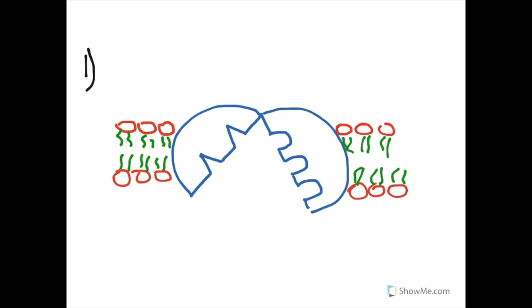Now, this protein here, this pump, is functionally open to the inside, to the ICF. So over here will be the ECF, the extracellular fluid. And this pump has a structure that has it open towards the inside, in a state that will have a very high affinity for intracellular sodium cations.